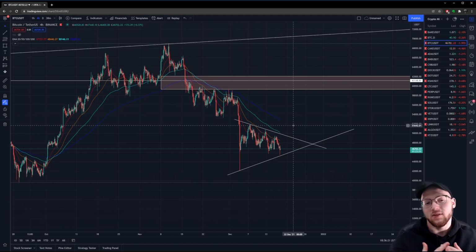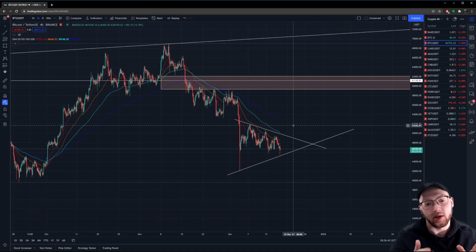It's not like controlling the price of a big company such as Microsoft or anything. If somebody wants to move the price of an altcoin, it's a little bit easier to do so. So that's why we cannot rely too much on the patterns we see, but they are a good proof of whatever is going to happen.